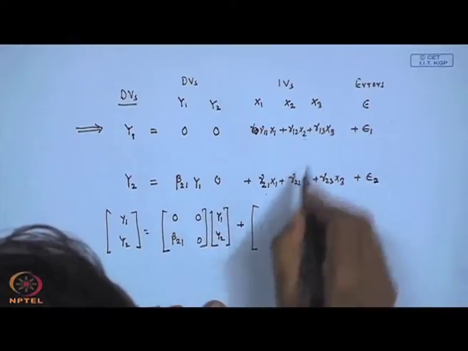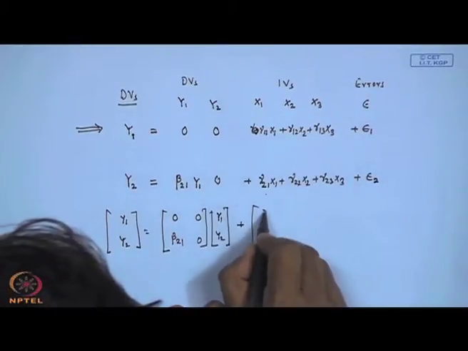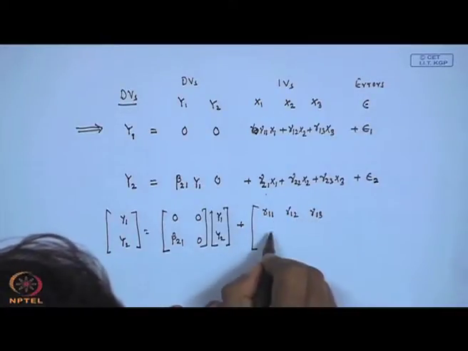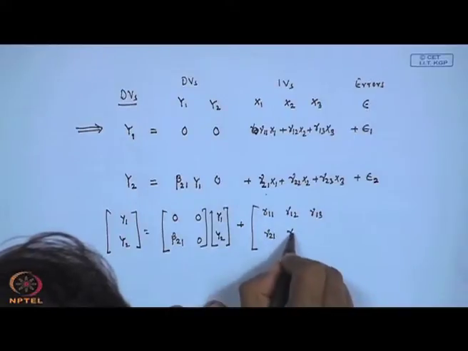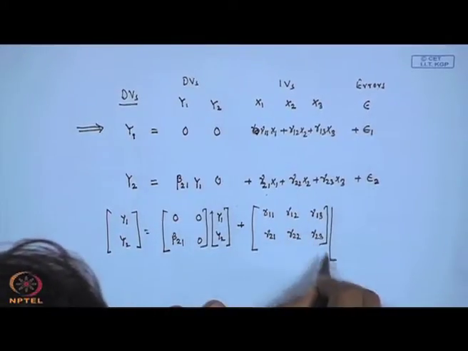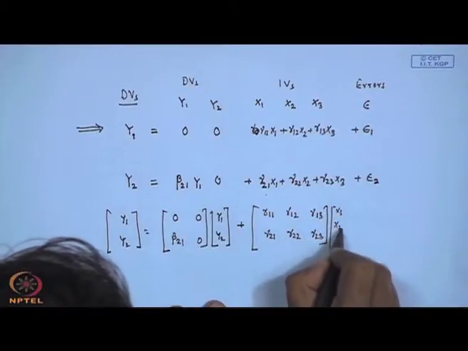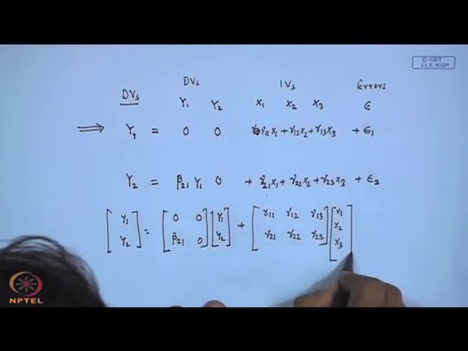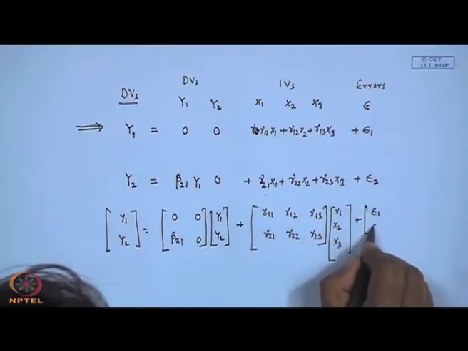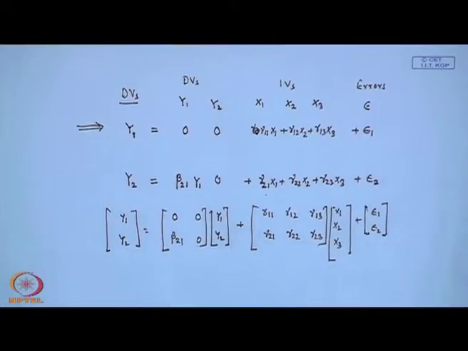Then here your gamma 1 1, gamma 1 2, gamma 1 3, gamma 2 1, gamma 2 2, gamma 2 3, into x1, x2, x3, plus you are getting epsilon 1, epsilon 2.